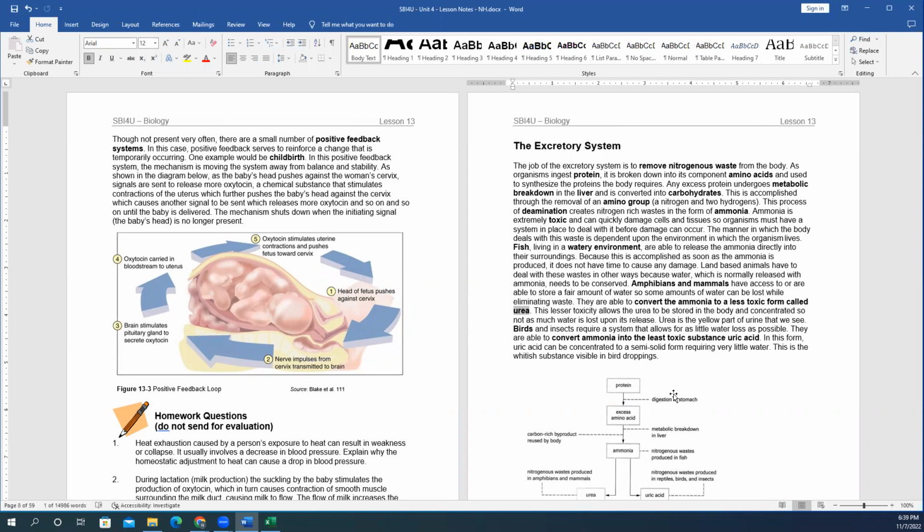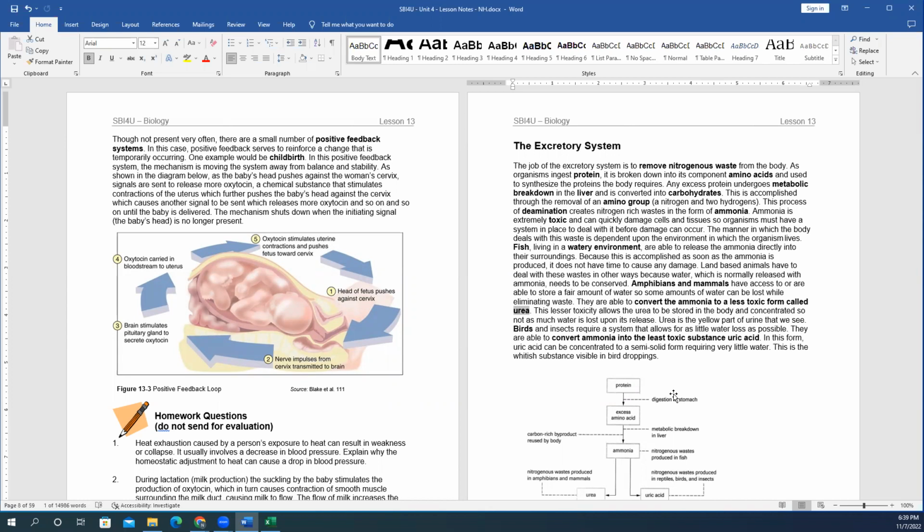With birds and insects, they have a slightly different system that allows for even less water loss as possible, and they convert their ammonia into uric acid, which is an even less toxic form of this substance.